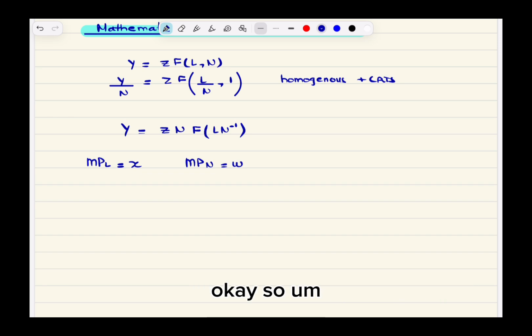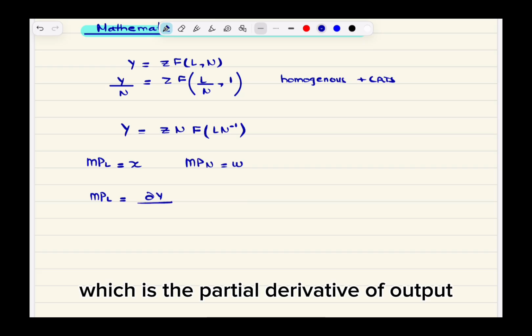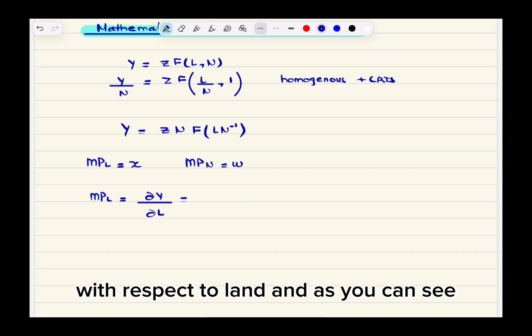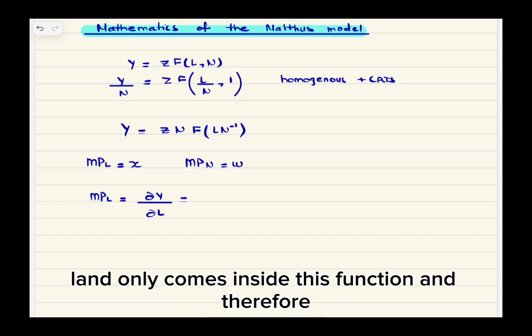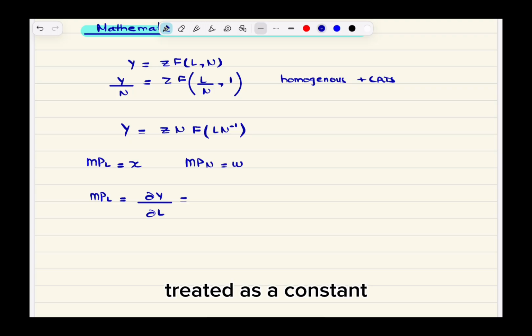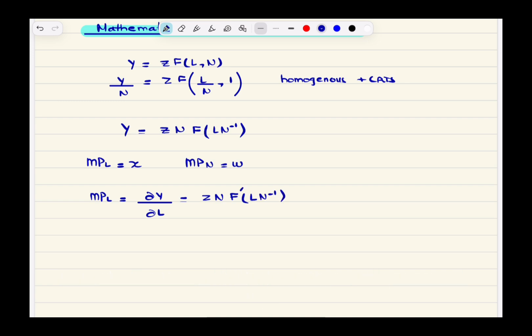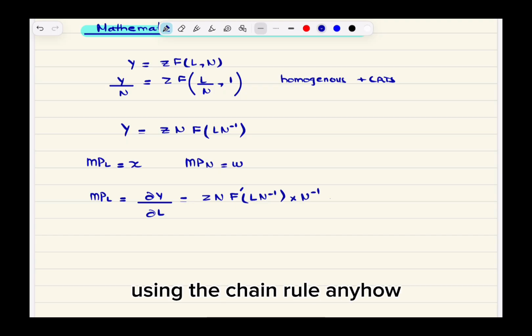So let's first take the marginal product of land, which is the partial derivative of output with respect to land. As you can see, land only comes inside this function, and therefore everything else is treated as a constant. So when I take the derivative, I'm left with the derivative of this function with respect to L, using the chain rule.